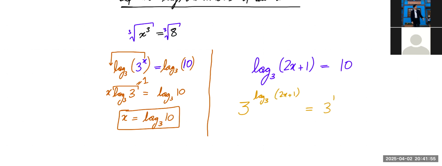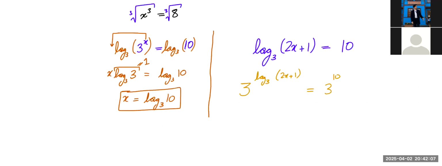You see? Last time, to remove the exponential, we used logs. This time, to remove the log, we used an exponential. We raised everything as an exponential to the same base. Why does this help? Because log base 3 and 3 can cancel each other out and just give us 2x plus 1.